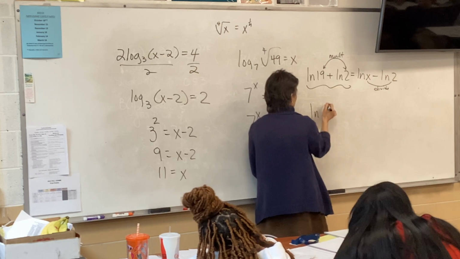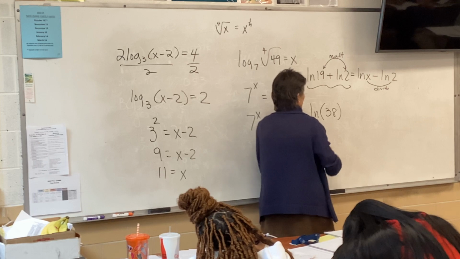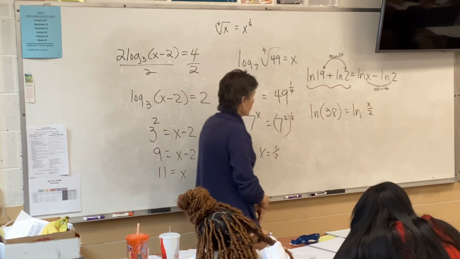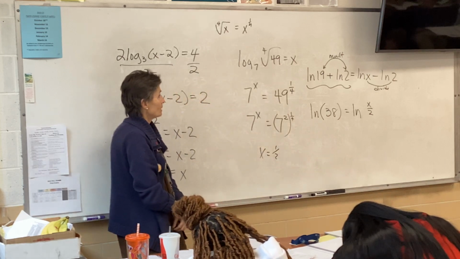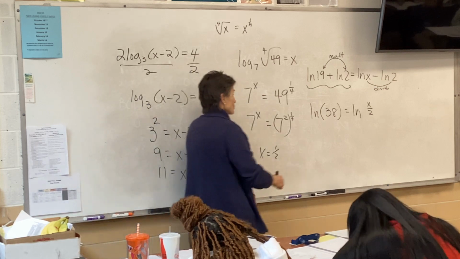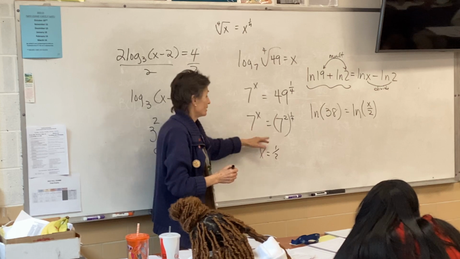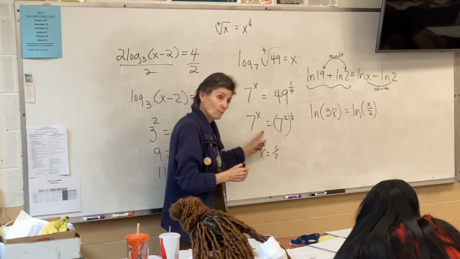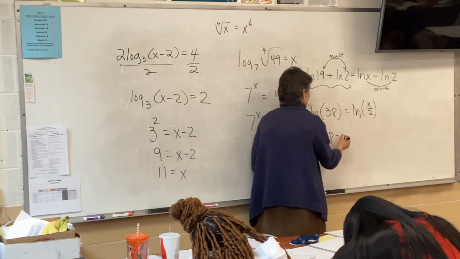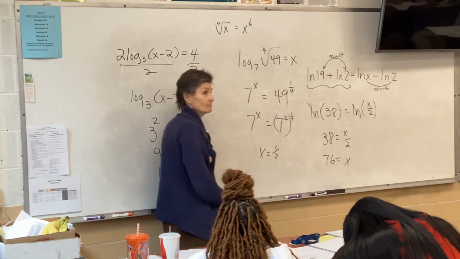So we have ln, actually it's 38, 19 times 2, 38, equals ln x over 2. We multiply the 19 and the 2, we divide the x and the 2, and as soon as we do that, it's exactly like this problem right here. You know how the 7s went away? Same thing here. These are going to go away. So 38 equals x over 2 and x equals 76.